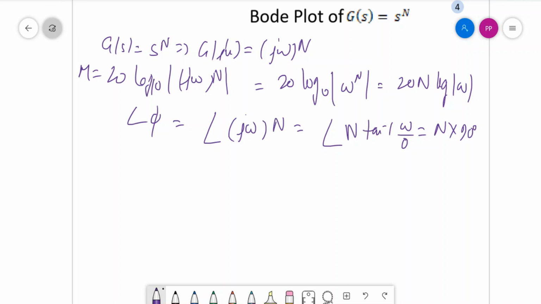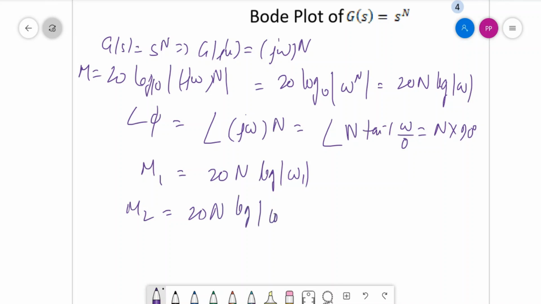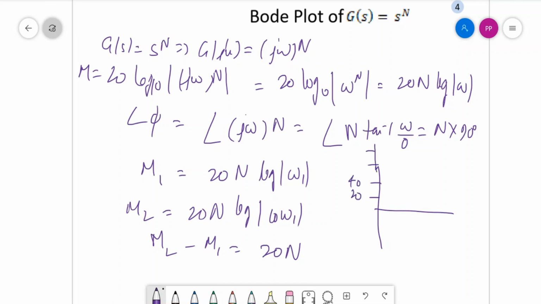So this will be the phase. Again, if you take the magnitudes at two different frequencies, m1 equals 20n log of omega 1, and m2 equals 20n log of 10 omega 1, then m2 minus m1 should be equal to 20n. Suppose I take the magnitude axis as 20, 40, 60, 80, and at omega 1 you have 20.